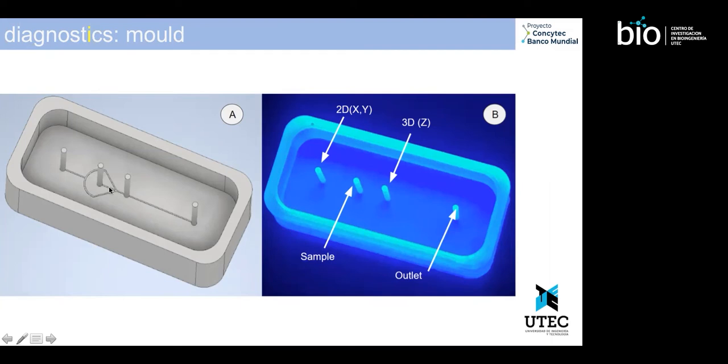And then we have the sample input, which comes in, then it's pushed to the center by the 2D focusing. And then we have a 3D focusing, which pushes the sample down towards the bottom. And then we have the outlet. So that means you need 3 pumps to run this.